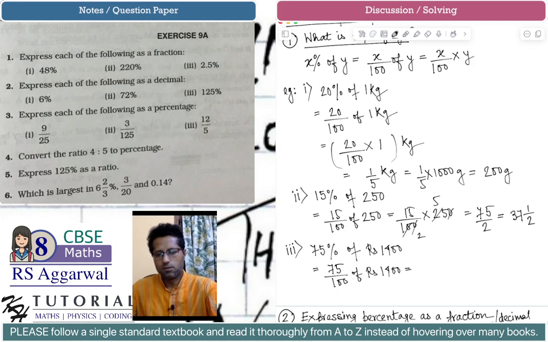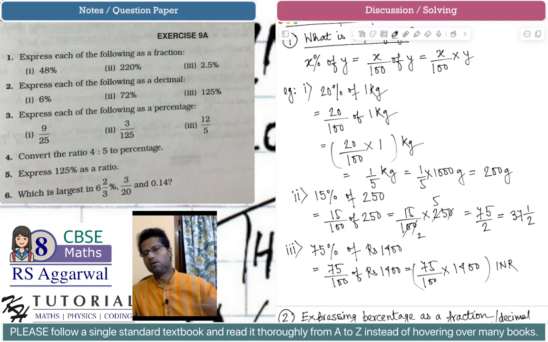This is equal to 75 by 100 multiplied by 1400 rupees, or I am writing INR. Now you have to do this calculation and simplify the 75 by 100 multiplied by 1400. I am not doing that. It can be a fraction or it can be a decimal or integer, whatever. That value you have to simplify.